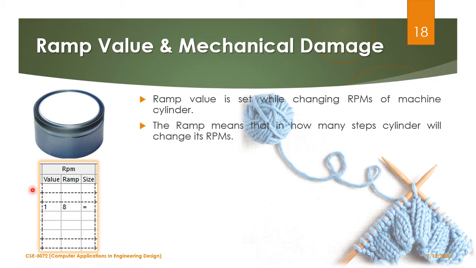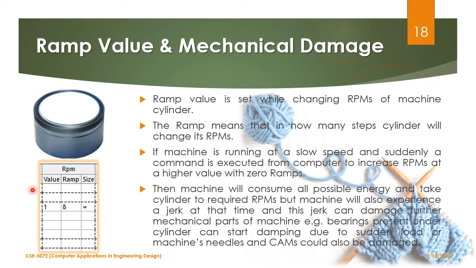So if our machine is running at low speed and we want to shift the machine to higher rpms and we haven't entered any value of ramp here, then our machine will consume all possible energy and take the cylinder to the required rpms, and due to this the machine will experience a jerk, and this jerk can damage several mechanical parts of the machine. For example, bearings present under the cylinder can start damaging due to sudden load, or the machine needle and cam could also be damaged.